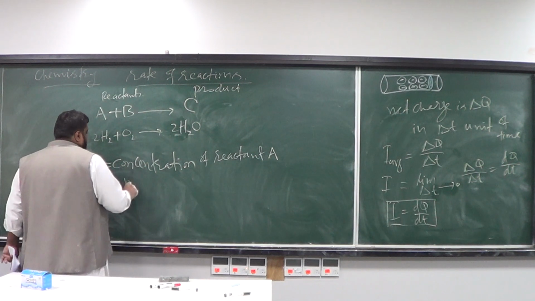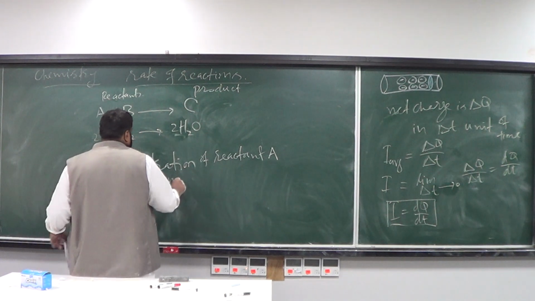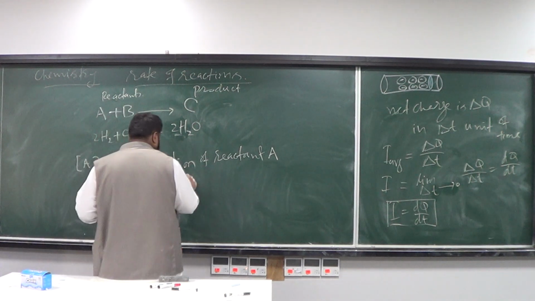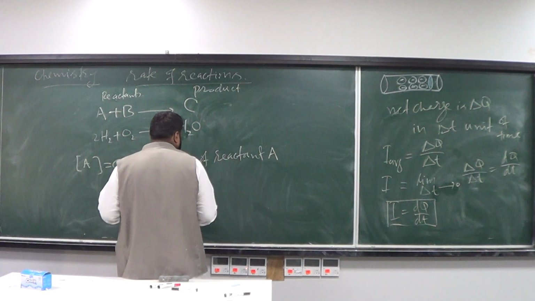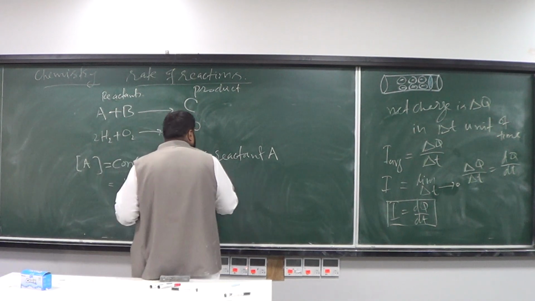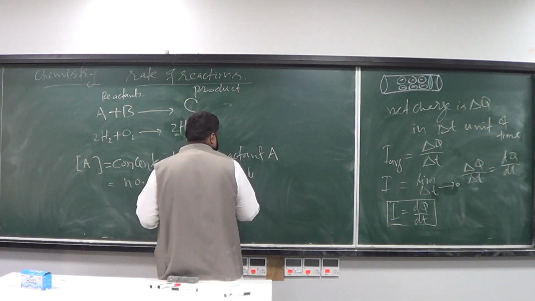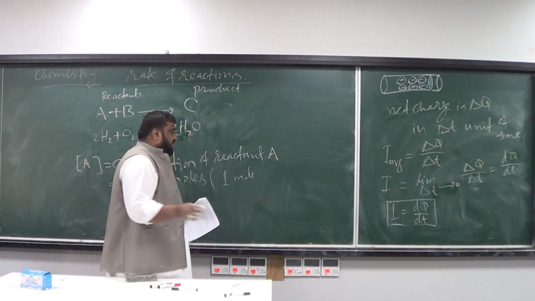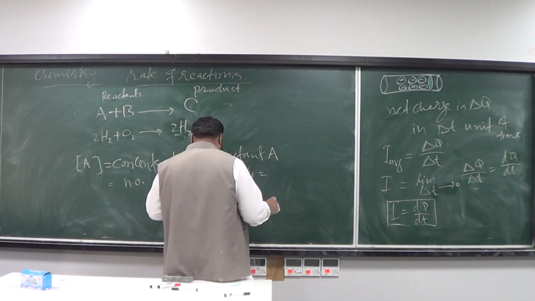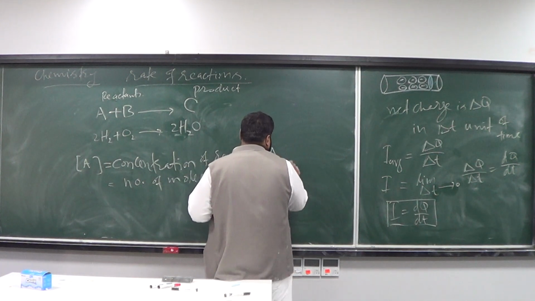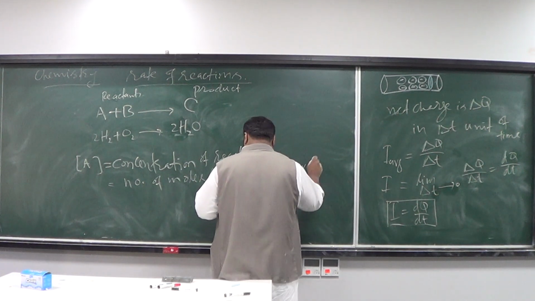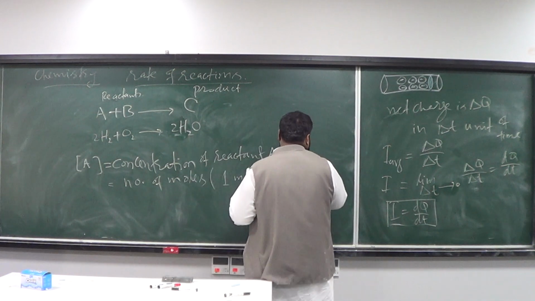You define it by the number of moles, where we all know that 1 mole is the Avogadro number of particles, 6.02 into 10 raised to the power 23 molecules.